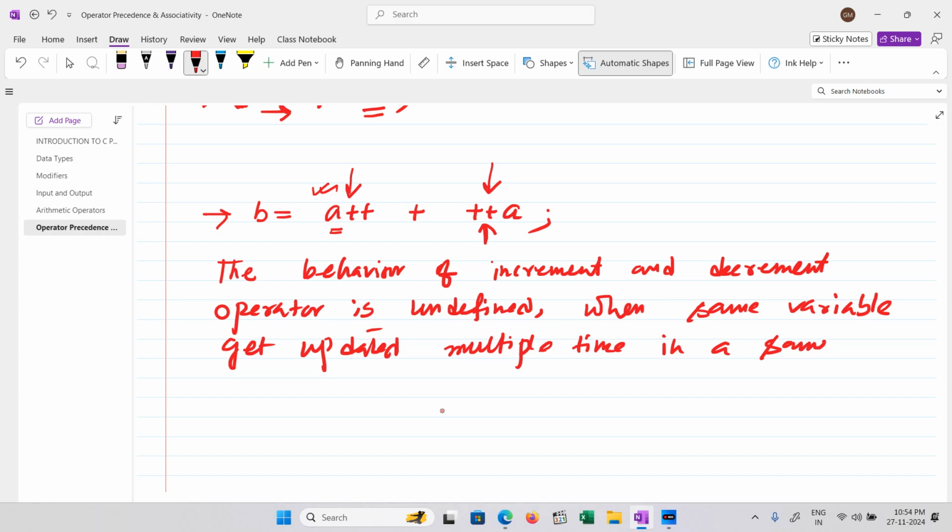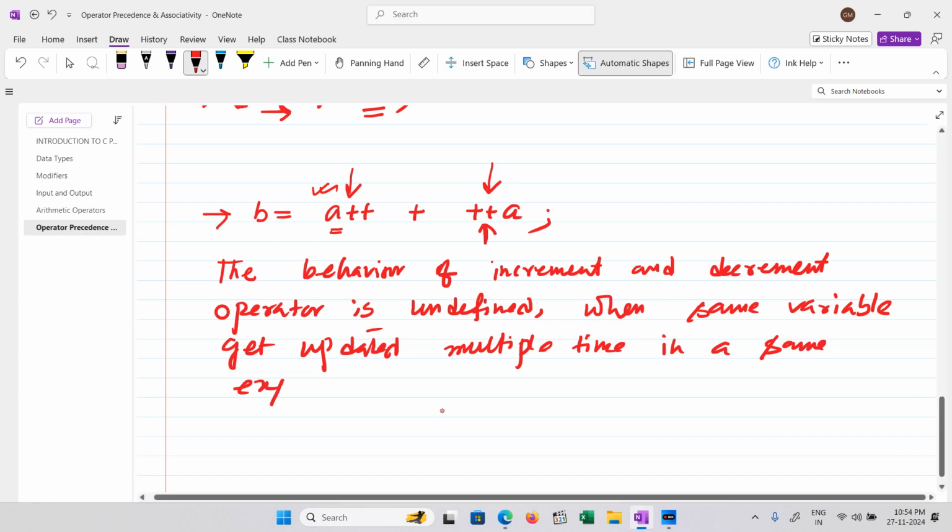Totally the behavior is undefined. Okay, please remember this very important concept here.